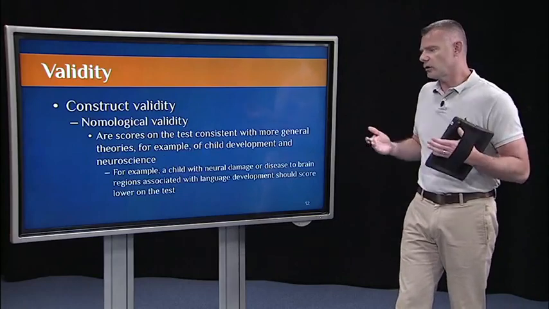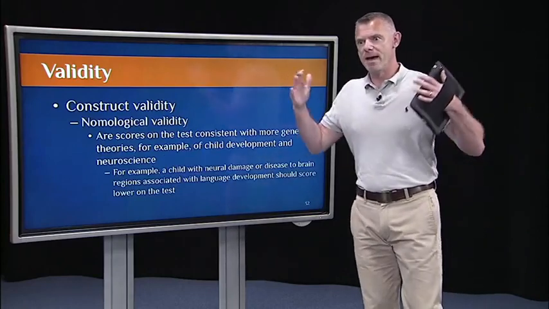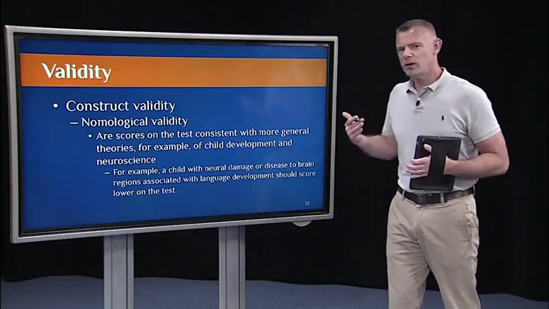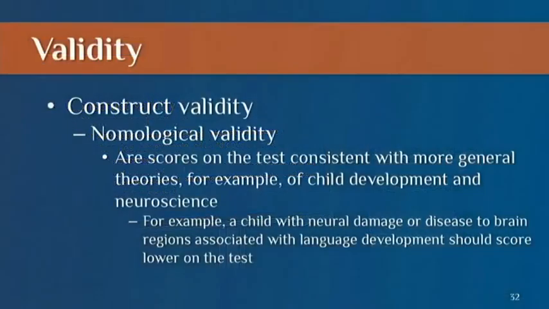Finally, there's nomological validity, which is more like a meta validity, if you will. The scores on the test, say this vocabulary test, should be consistent with more general theories that exist in related fields of research. So for example, if we're looking at verbal ability in children, then scores on the test should be consistent with what we know about developmental psychology, cognitive psychology, and neuroscience.